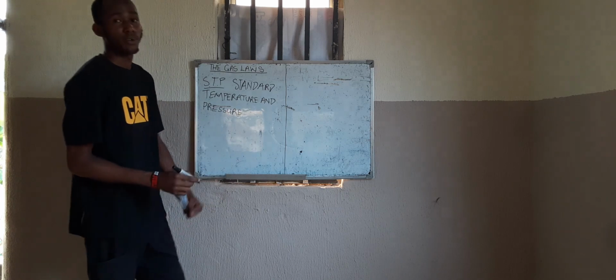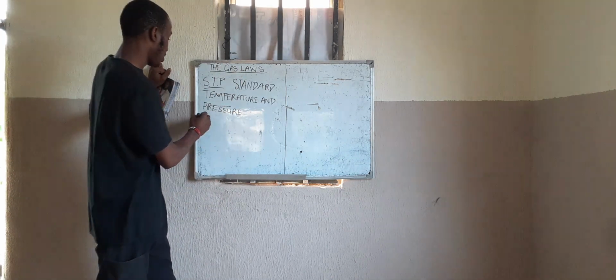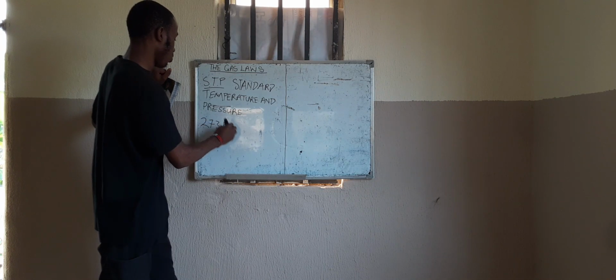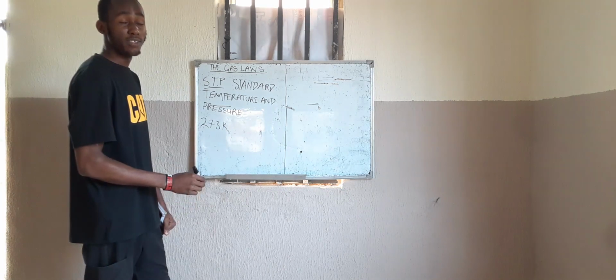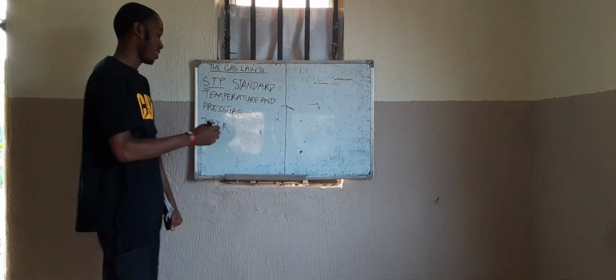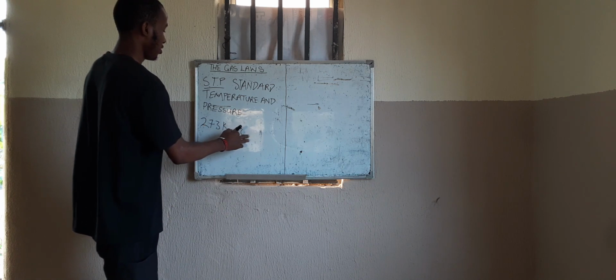At STP the temperature is 273 degrees Kelvin, which, if you convert it to Celsius, you will have 0 degrees Celsius. So 273 Kelvin or 0 degrees Celsius.